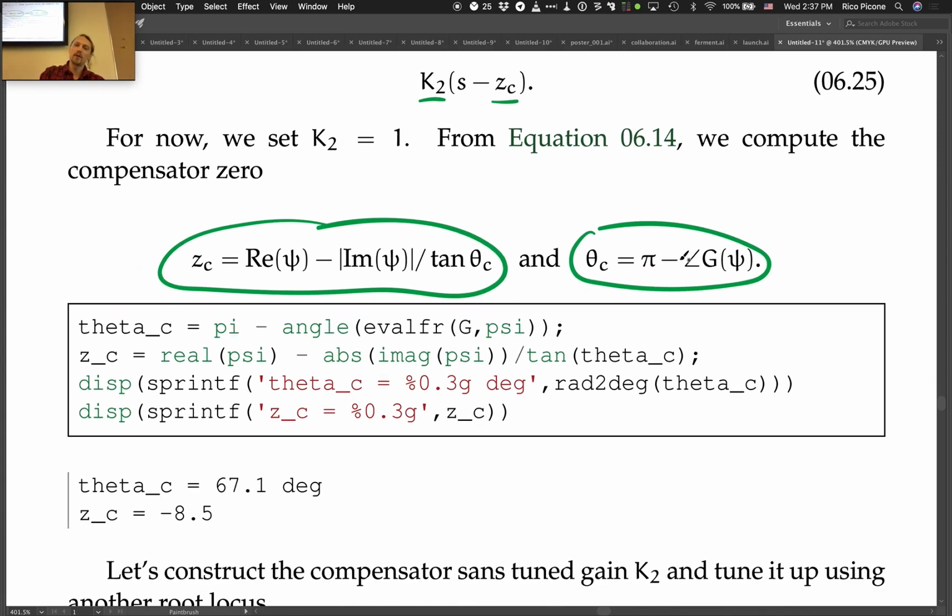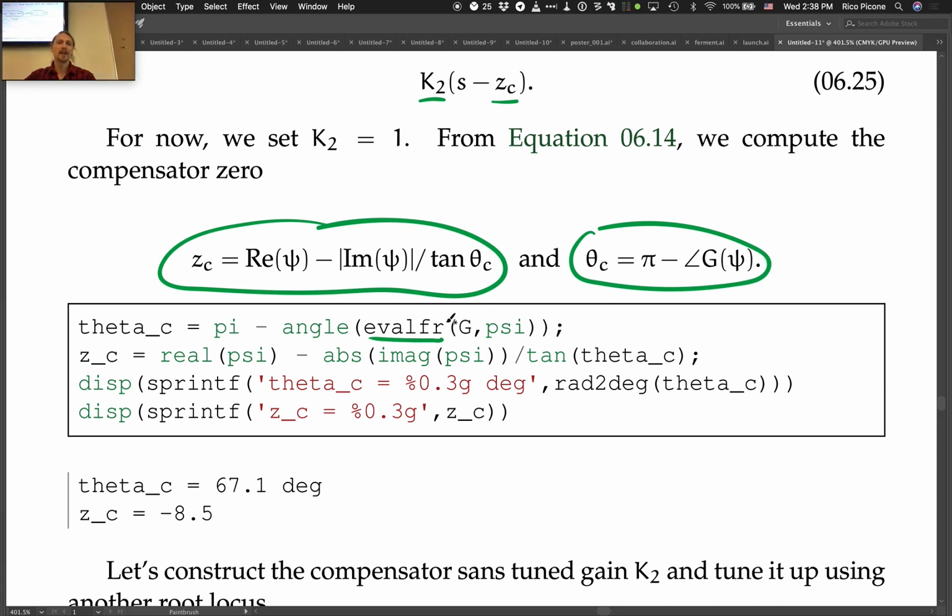theta c, this formula, pi minus, and now there are a couple nice MATLAB functions we're using here. The first one is called eval-fr, which stands for evaluate a frequency response function. It also lets you evaluate a transfer function at a given location. That's exactly what we're doing here. We're evaluating a transfer function g at psi.